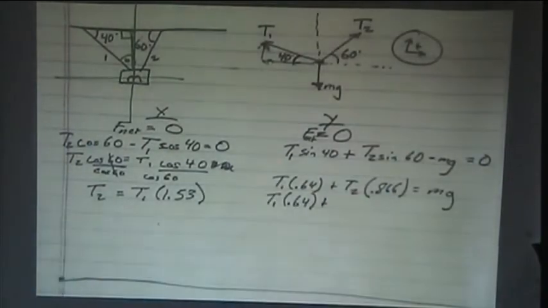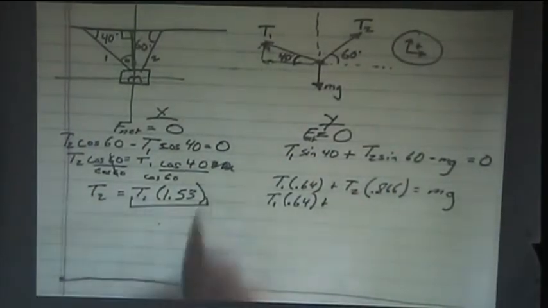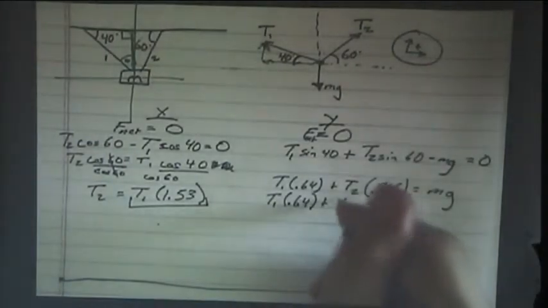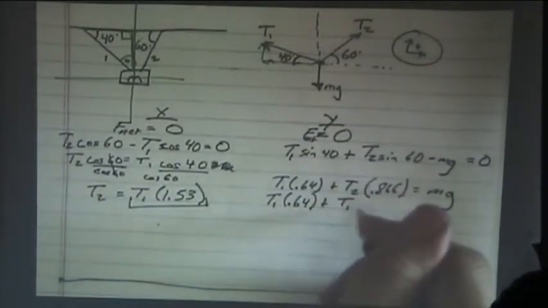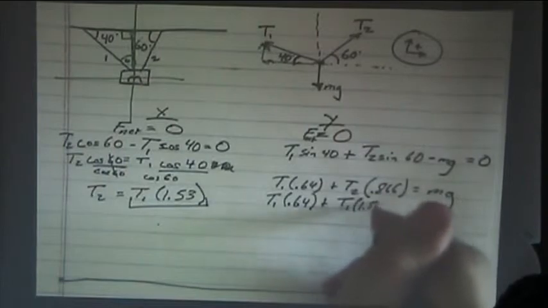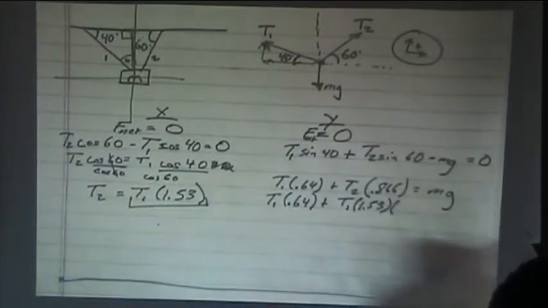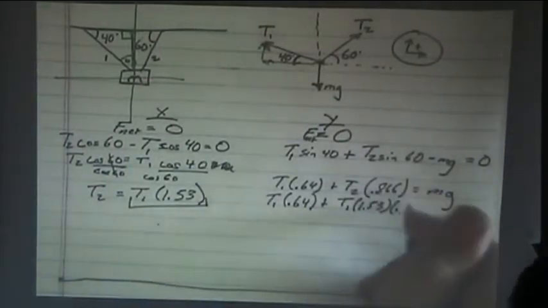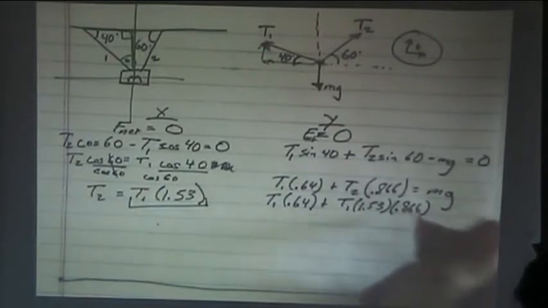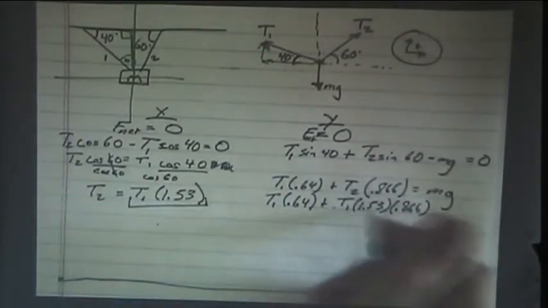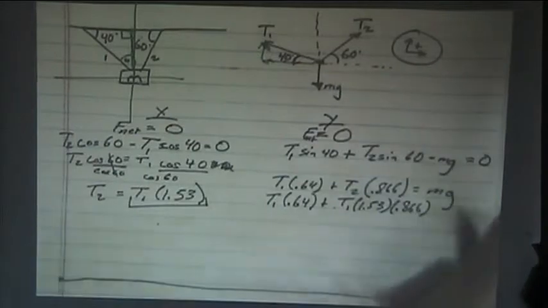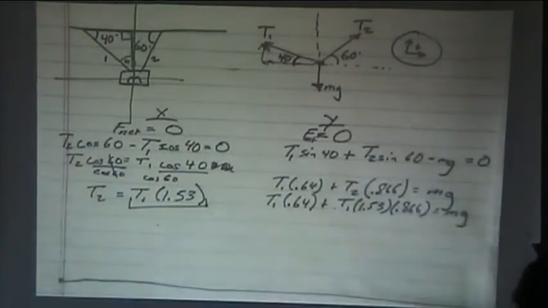Now instead of writing T2, all of this is the same thing as T2. Now I've got to bring down the 0.866 because this stuff is just a substitution for T2, and mg comes down.